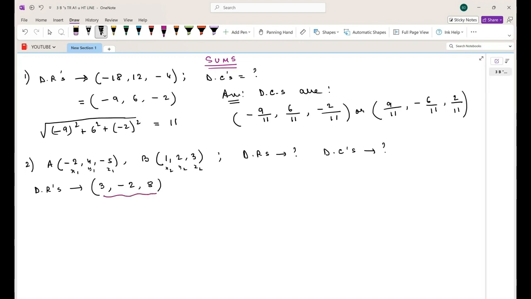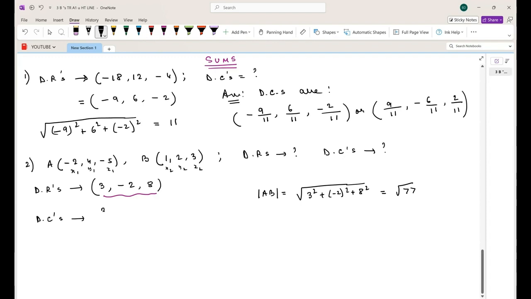And the second is to calculate the DCs. Again, you have to find the value of mod AB, that is the distance between A and B, that is 3 square plus minus 2 square plus 8 square, that is equal to root 77.